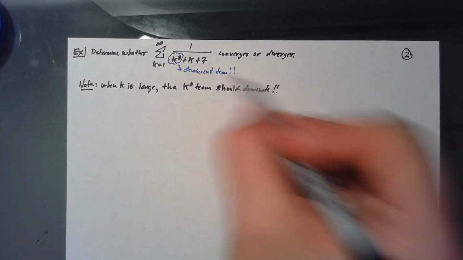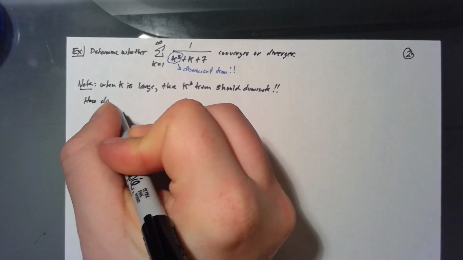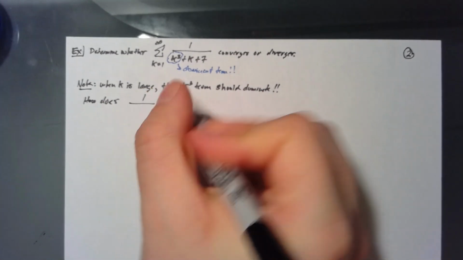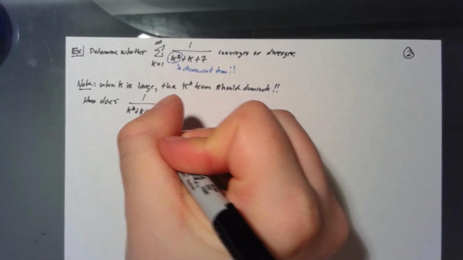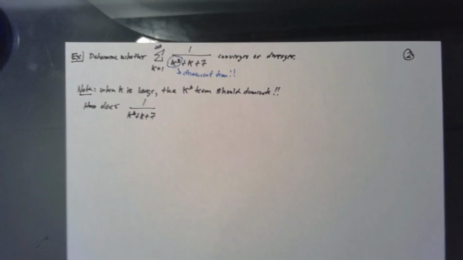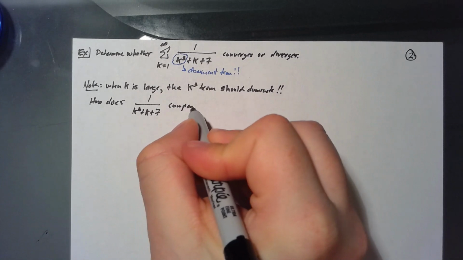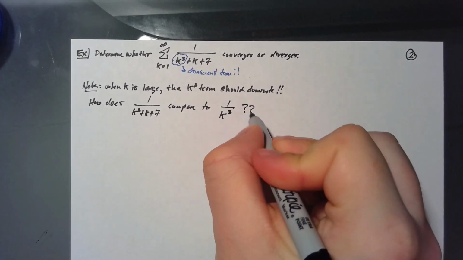So now that I know that, let me pose this question. How does 1 over k cubed plus k plus 7 compare to 1 over k cubed?